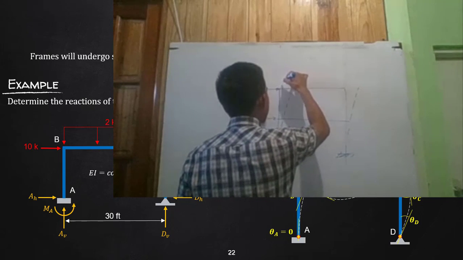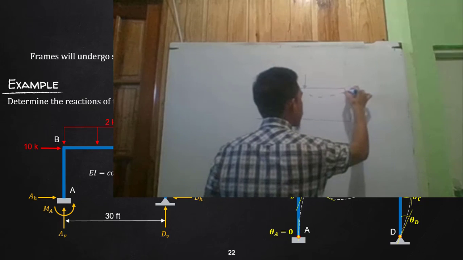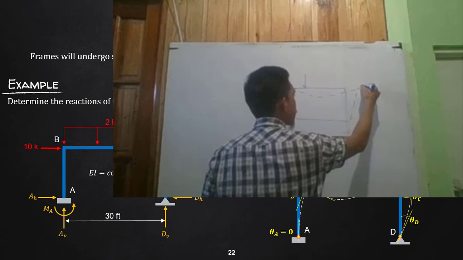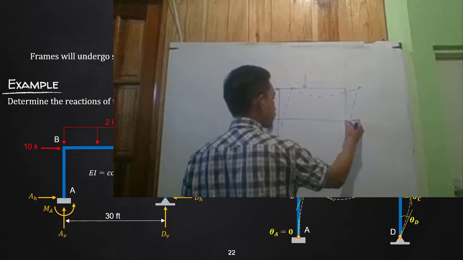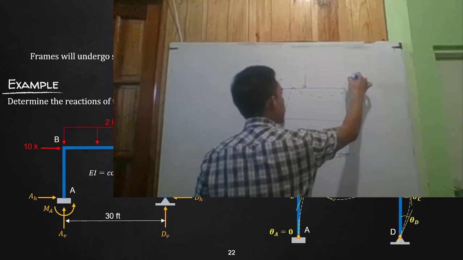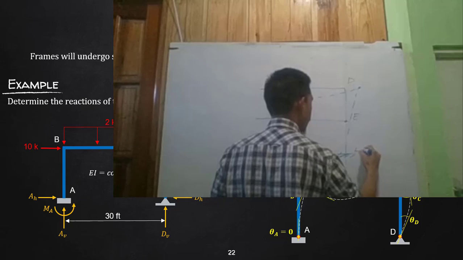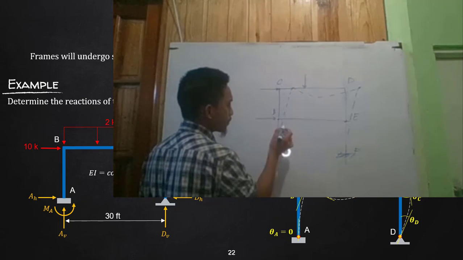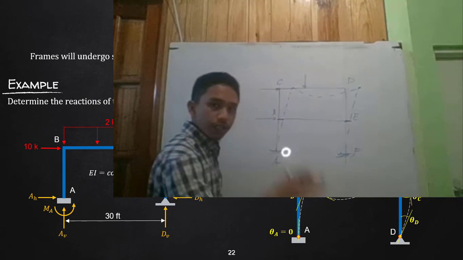Let's say there is a loading here that will also deflect. Let's say this is A, B, C, D, E, F. So as you can see, there is a delta here and there is a delta there, which are to be the same.